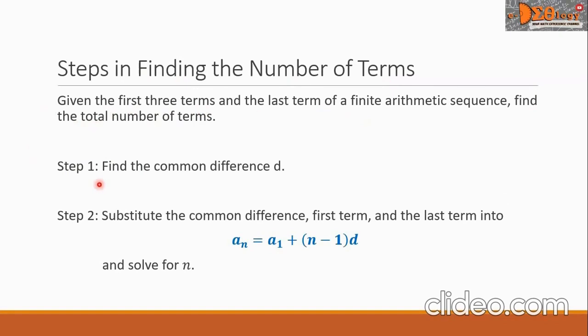Step 1, find the common difference D. Step 2, substitute the common difference, first term and the last term, into the general term formula, and it is here: A sub n equals A sub 1 plus the quantity n minus 1 times D. Then solve for n, because this n here is the number of terms.